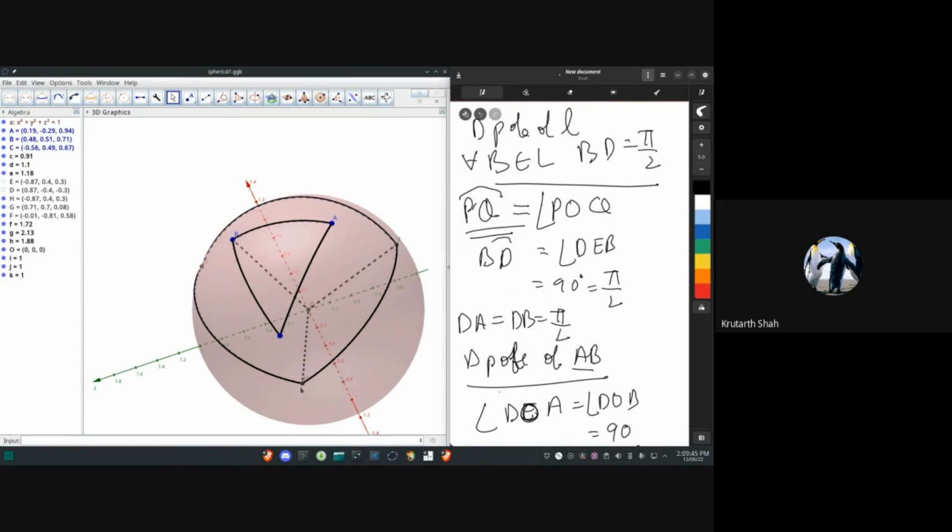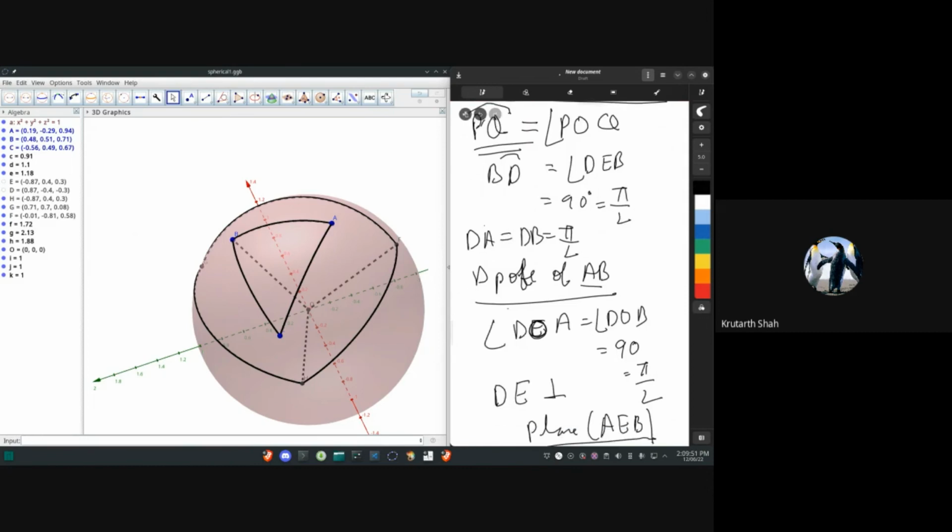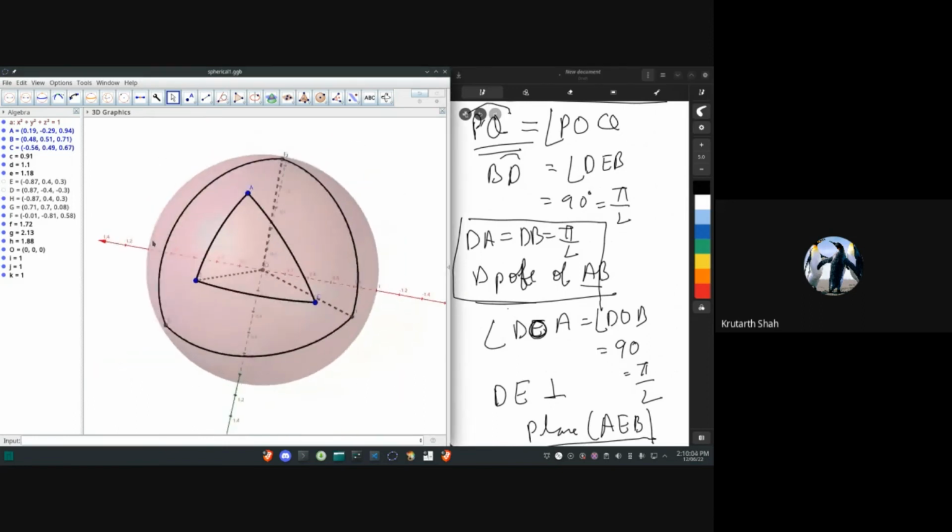And since H is the pole of BA, angle BOH is 90 degrees as well. So by the lemma which we proved earlier, we have that B is the pole of HF. And similarly for the other sides, you'll get that as well.